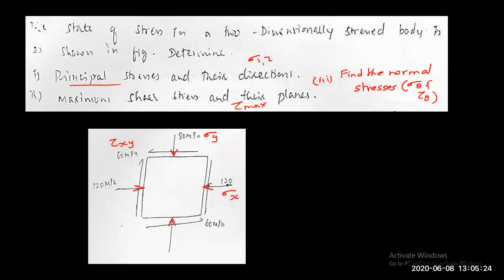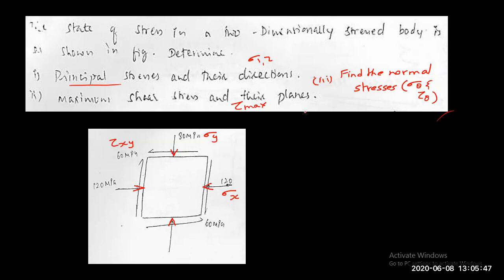Okay, so let's solve this problem here. So our objective is to find the principal stresses and also the normal stress, for which the equations are readily available in the handbook, right? Also here you can see the angle is not given.